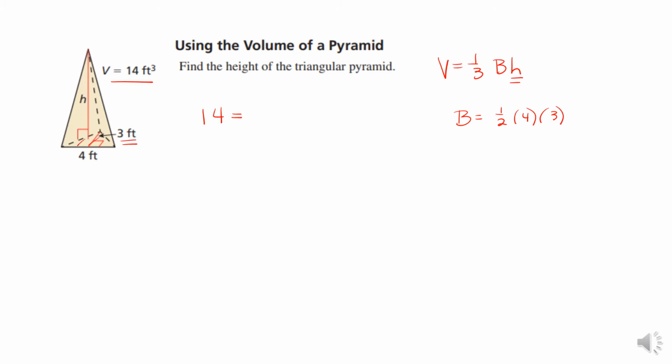Make sure you're being careful there. So big B equals 6. So 1/3 times 6 times the height, 14 equals 2h, h equals 7. So the height of this pyramid is 7 feet.